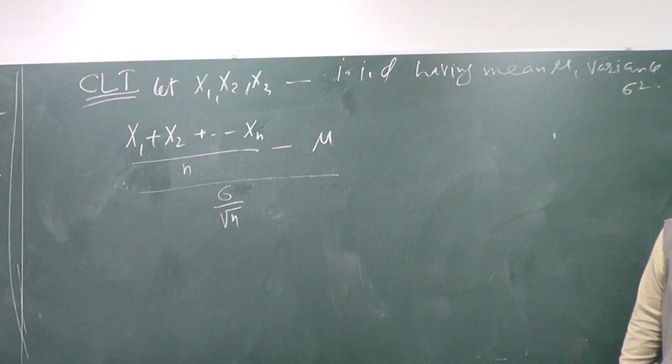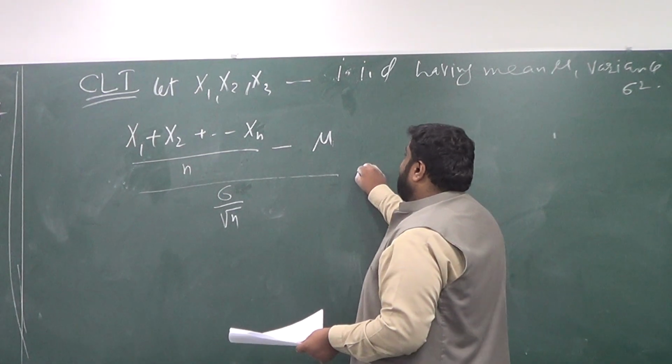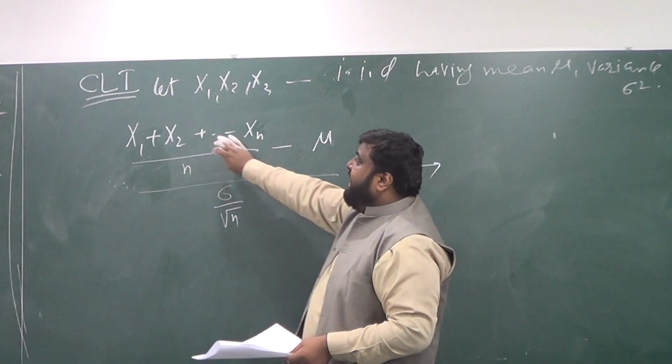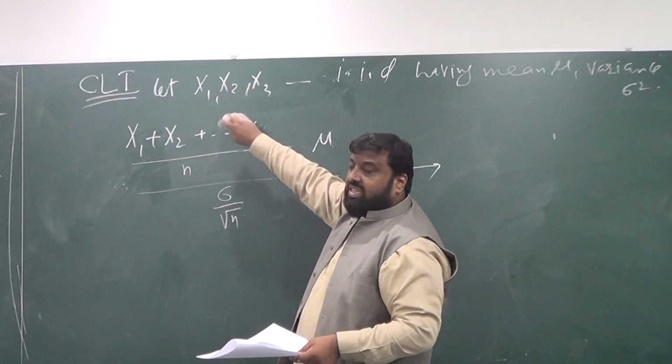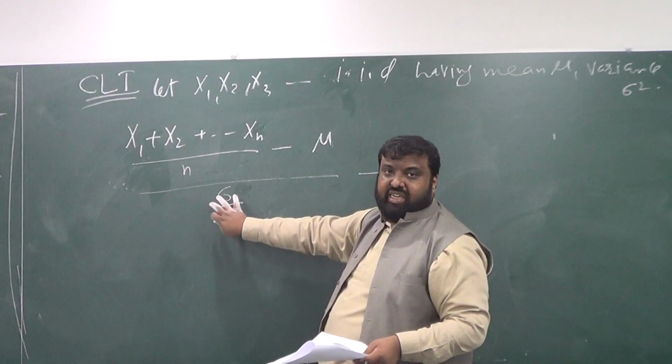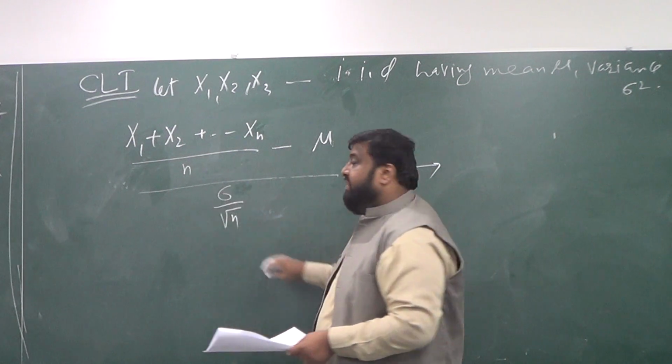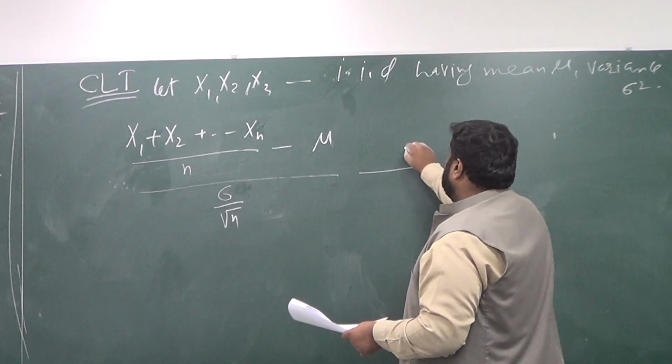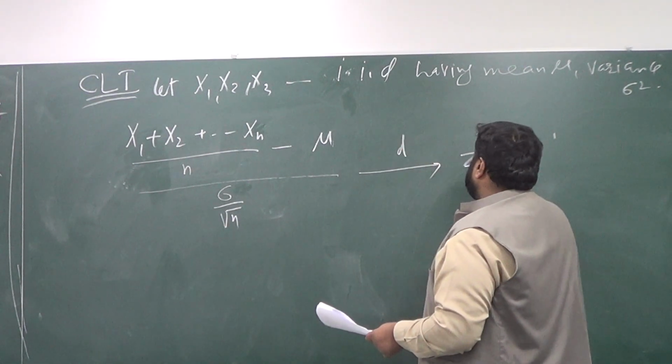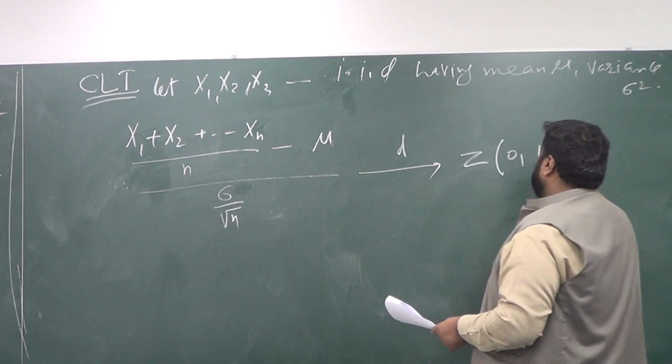Then it says, take the average of the sequence, subtract its mean and divide it by its standard deviation. This is going to converge in distribution to a standard normal random variable.